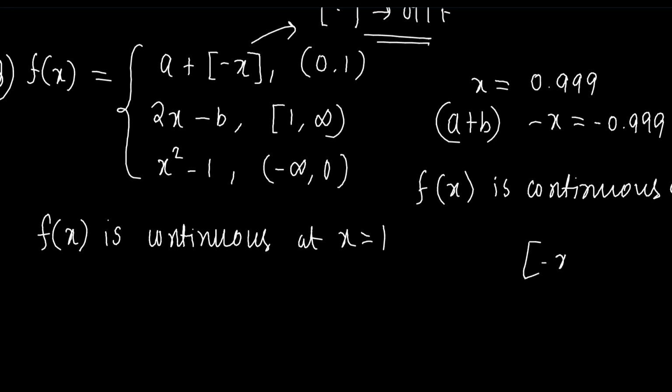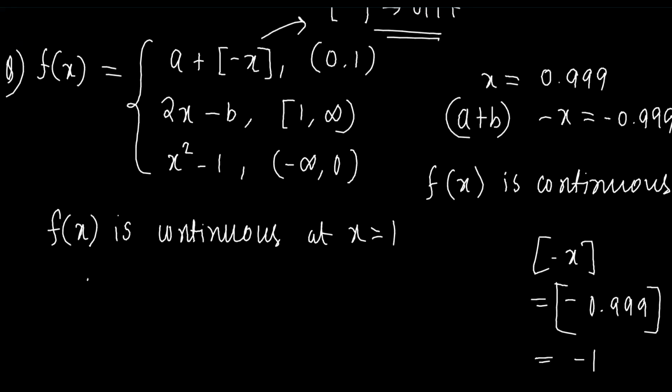So what will be the value of box of minus x? It will be box of minus 0.999, which means minus 1. Okay, it is minus 1. So we can write this as a plus of minus 1, equal to RHL.